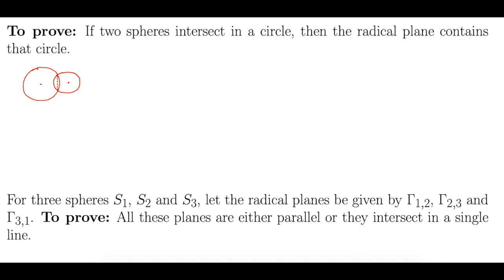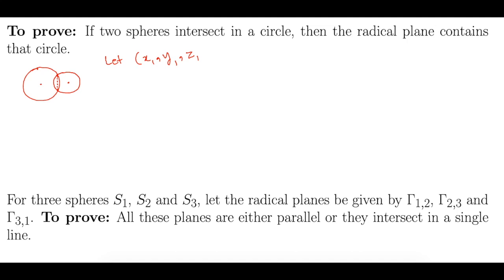So what we want to prove is that this radical plane contains that circle. Okay, so let's say again we have a point x1, y1 and z1. What is the property of this point?